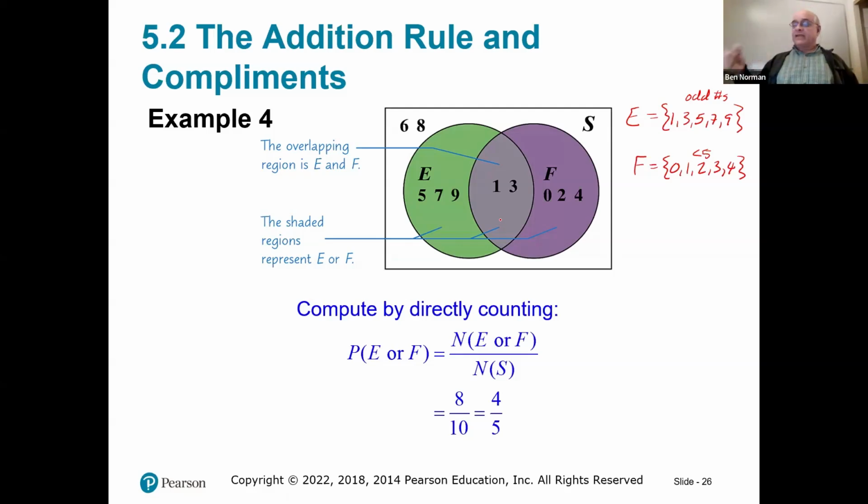Now, we'll compute by directly counting. So the probability of E or F is the number of elements in E or F divided by the number of elements in the space. That gives us 8/10. 8 because we have the 5, 7, and 9, so that's 3. The 1 and 3, that's an additional 2. And 0, 2, 4, that's an additional 3. 8 divided by 10, which reduces to 4/5.